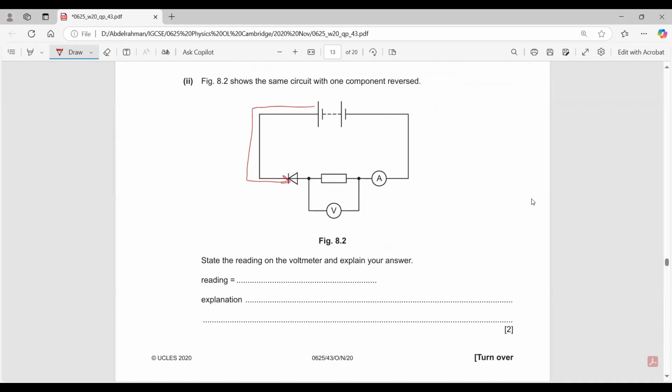It's actually blocked by the diode. So the reading is zero. Explanation: the diode will not allow the current to pass. The diode is reversed.